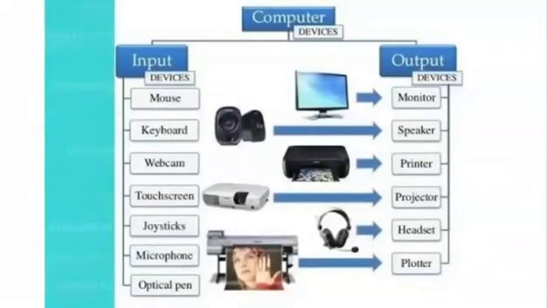So we have learned in our previous lesson what is input device. After that we have learned what is output device. So now we will see the difference between input device and output device. Here input devices are the categories that mouse, keyboard, webcam, touch screen, joystick, microphone, optical pen.